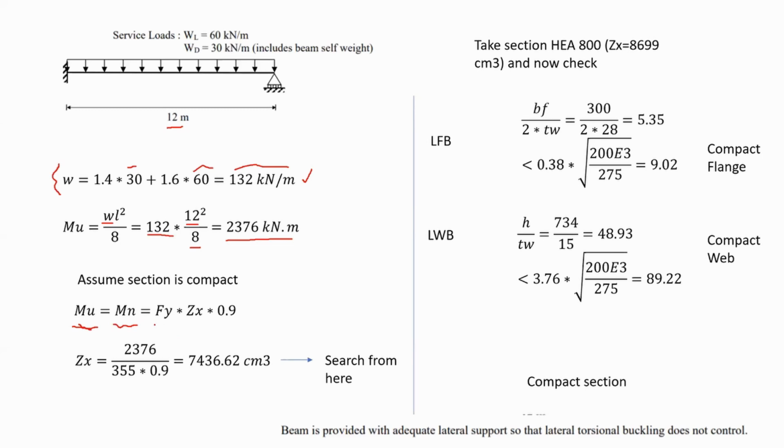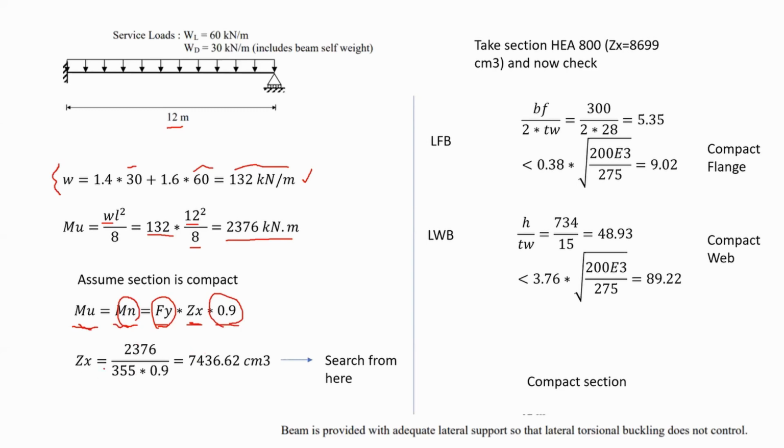And by that, I'm going to say Fy multiplied by the plastic modulus multiplied by 0.9, the LRFD resistance factor. Now, I have Mn, I have Fy, and I have 0.9. I have to find Zx, the plastic modulus.